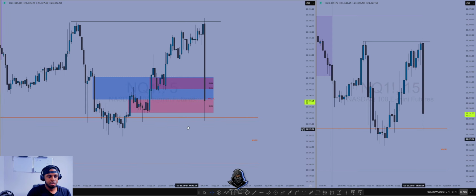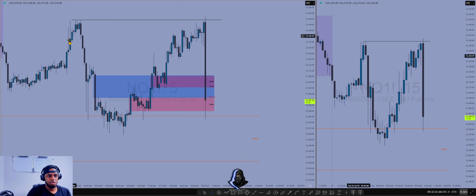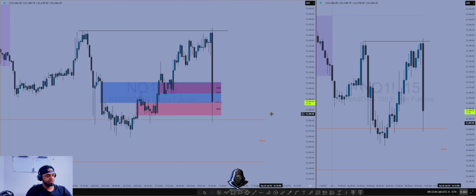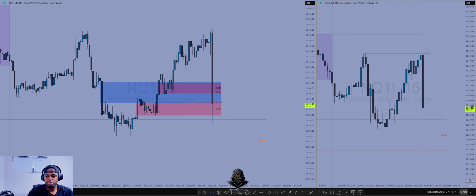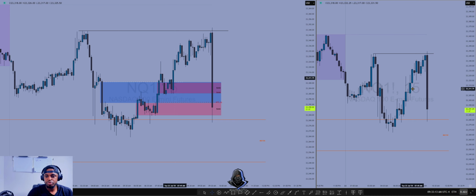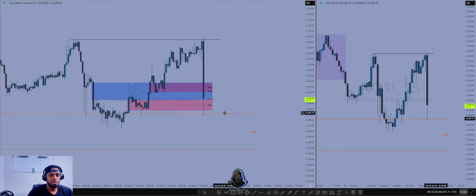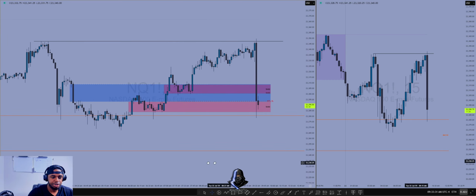Price can blow through all of this and make all of this invalid, because you still have this high and then this low. Back up. Let's look at 3 minute.